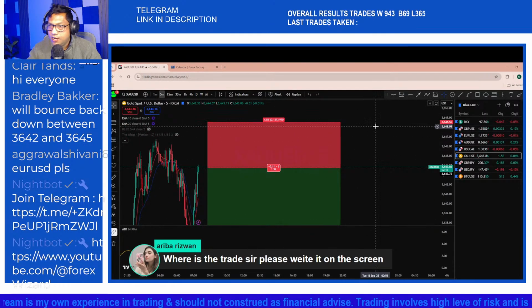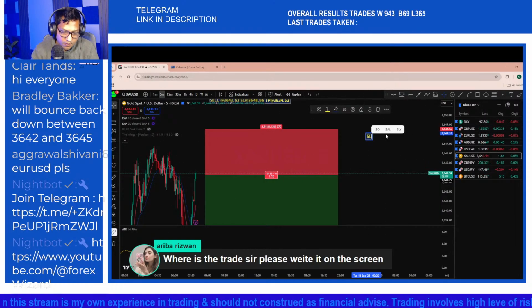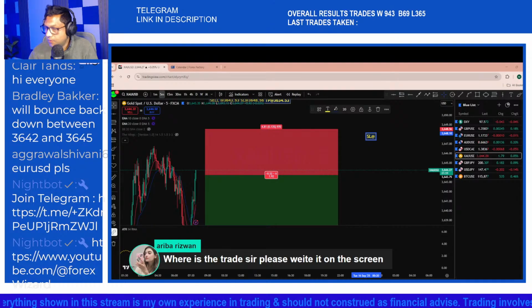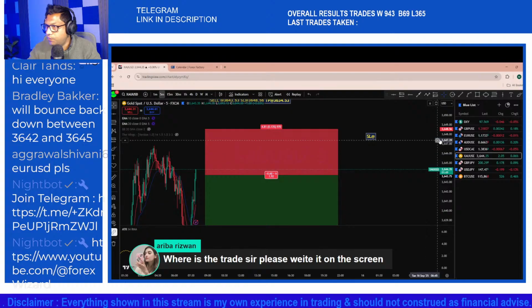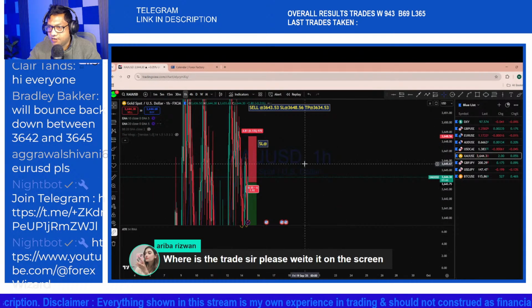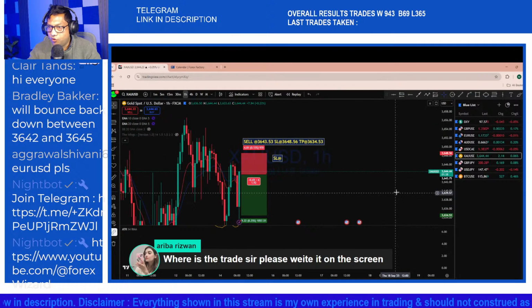So I moved the stop loss for both positions to the 3648.60 level, as this market has had a very strong break to the upside from this level.